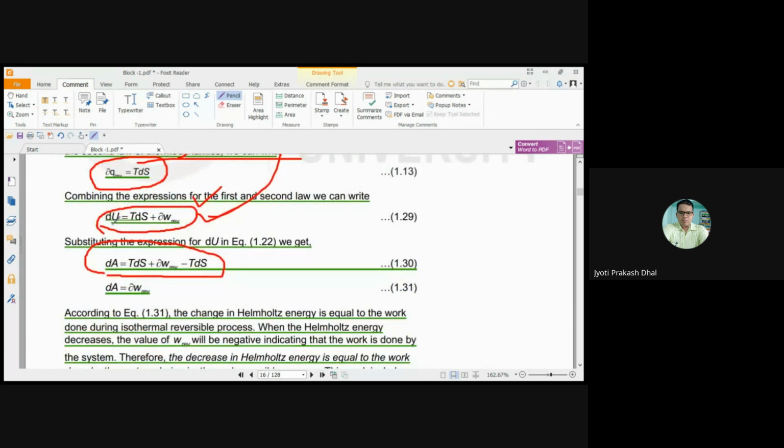So in place of dU we can write TdS plus del W reversible, minus TdS. Now that will become dA equals del W reversible.